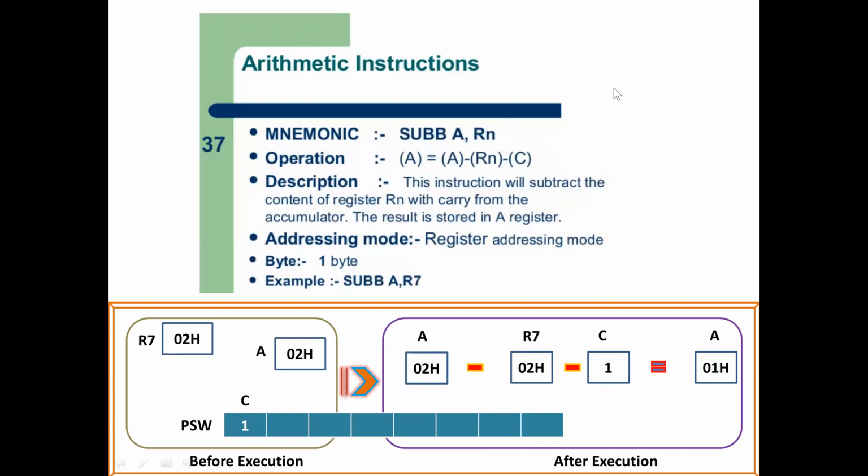Next. In 8051, we have the subtraction instruction, SUBB, subtract with borrow. Borrow is nothing but the carry bit here. So like addition, we subtract source from destination, minus carry. Let me take the accumulator value as 02 and R7 as 02, carry is 1.